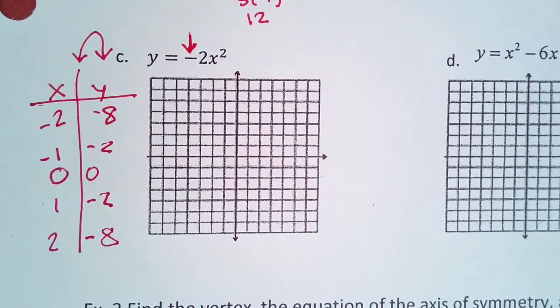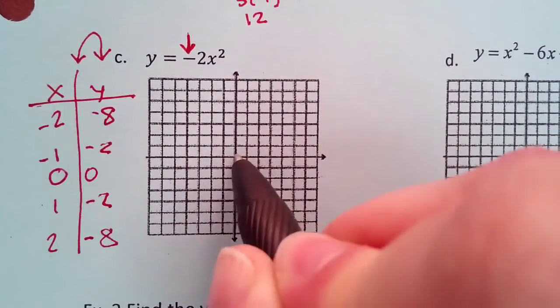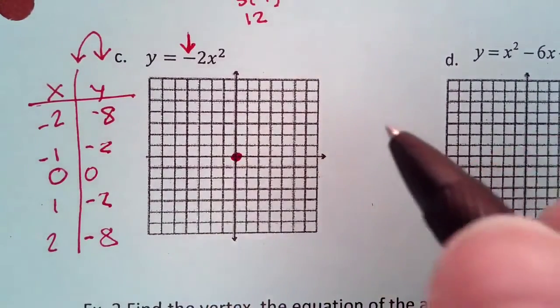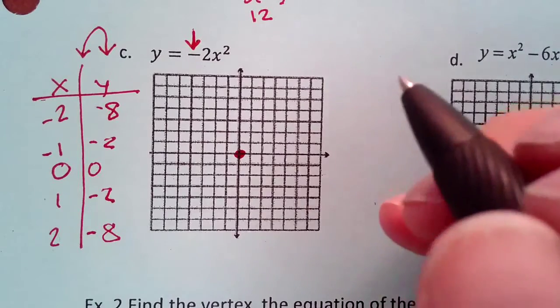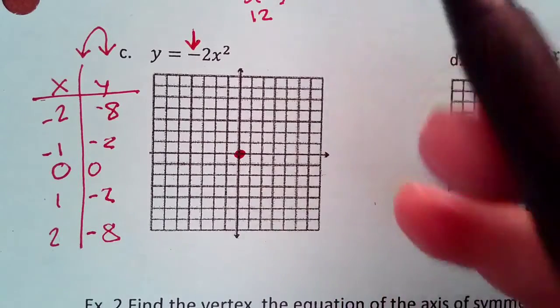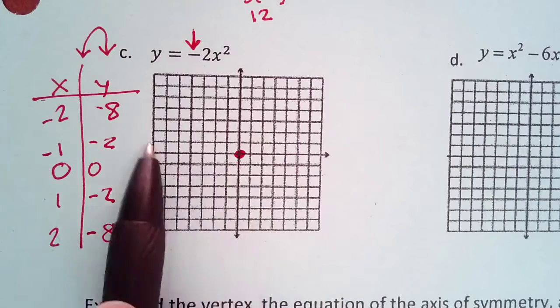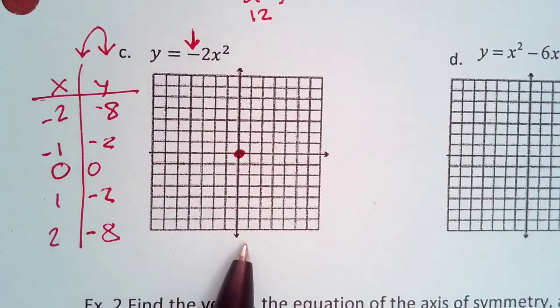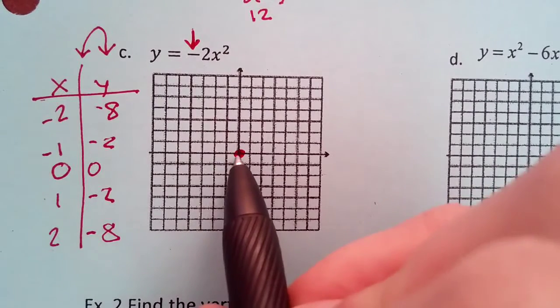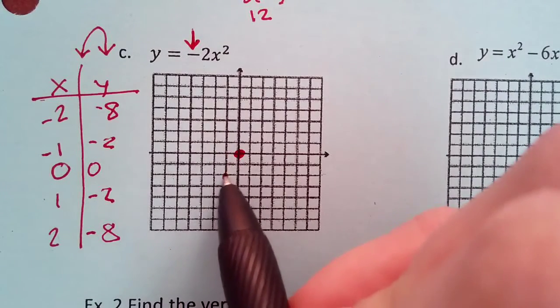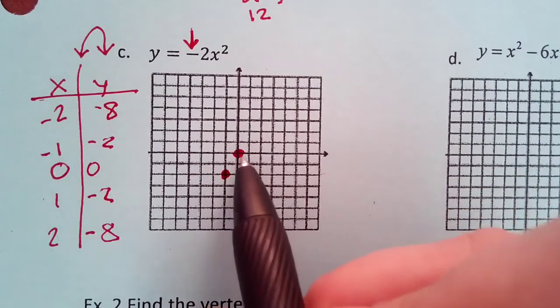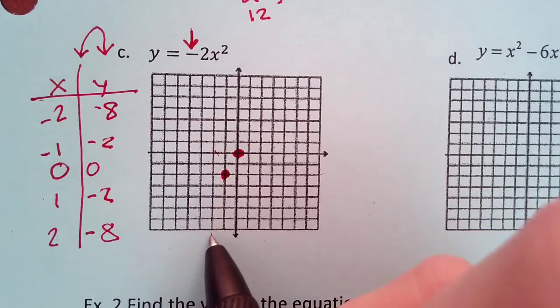Let's plot those points. So 0, 0 is here. I always like to start with that one because my graph is a little bit hard to see where my axes are, so that helps me go back to that point and count. Then we have -1, -2, so left 1, down 2. -2, -8 is going to go just off my graph.